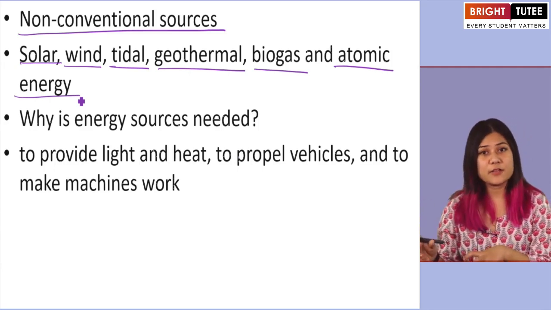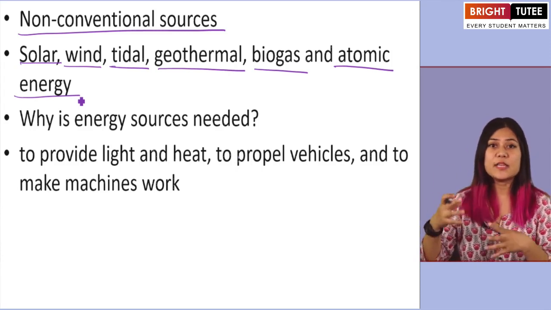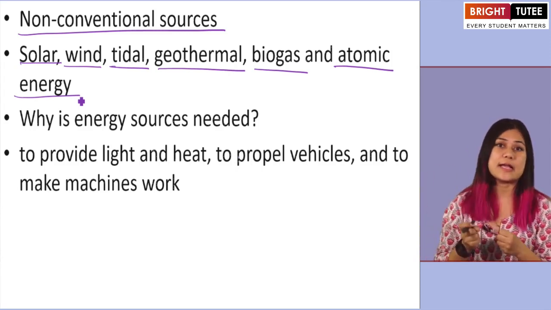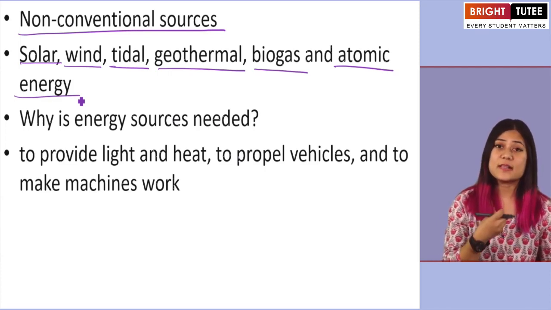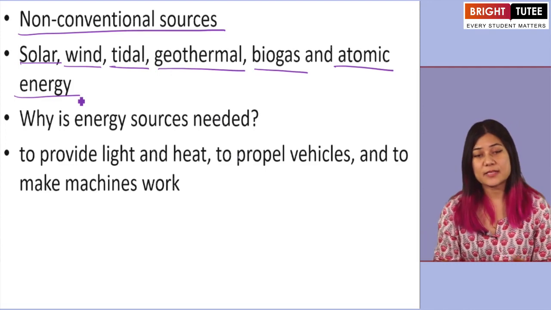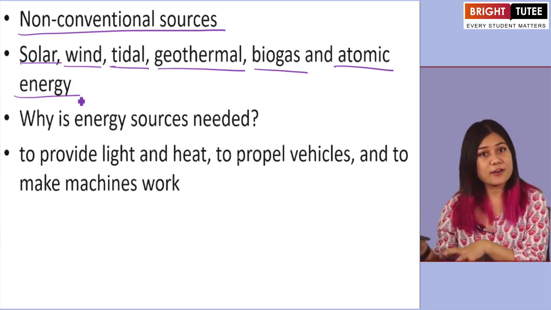Now for the non-conventional sources like solar, the sunlight, we cannot directly use the sunlight to make certain activities run or take place. That sunlight has to be converted into energy.